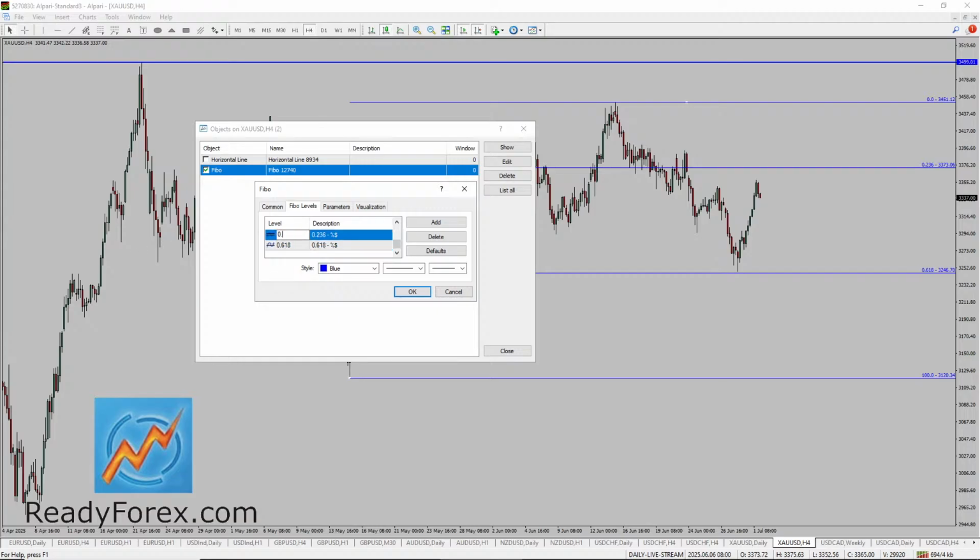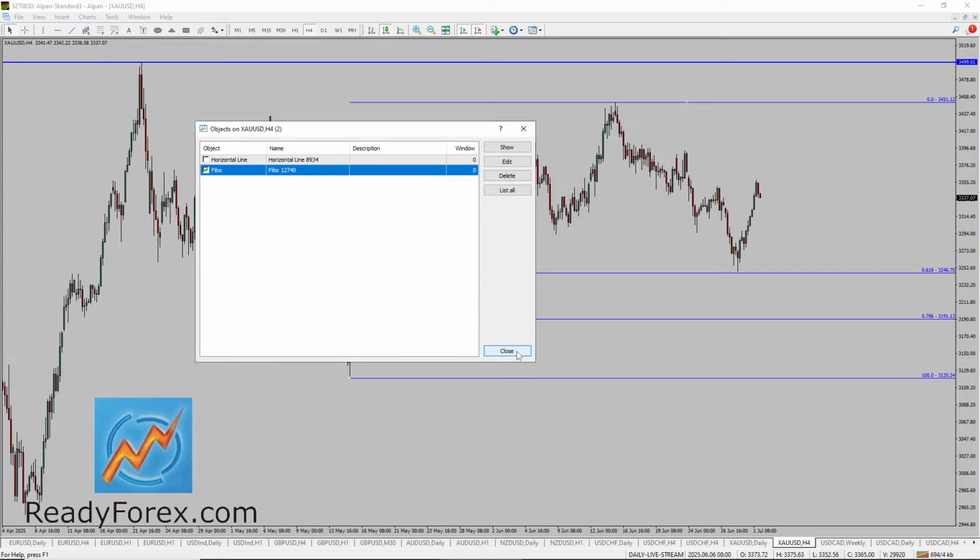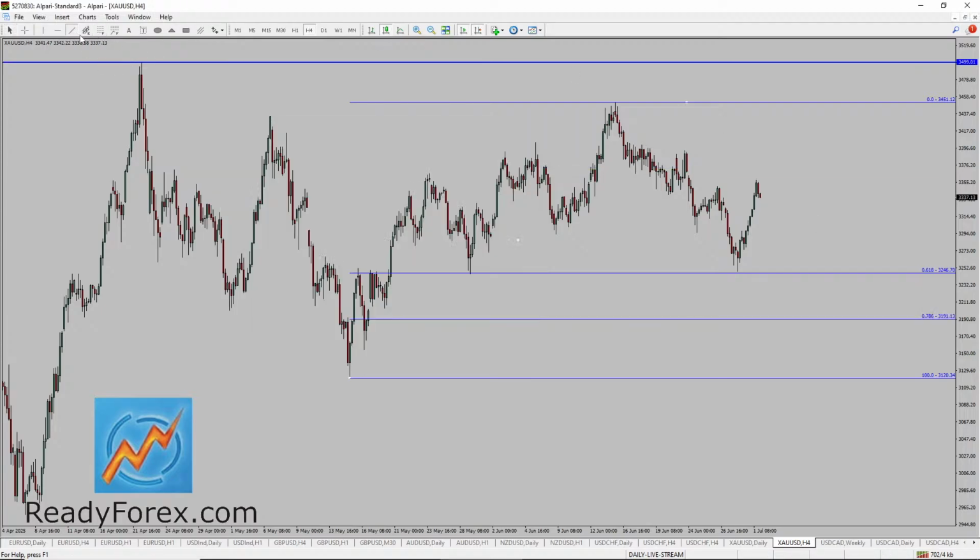It's quite possible that price action is going to hit 0.786 Fibonacci retracement level. Okay, so it looks quite possible spot gold is most likely going to drop and hit 3191.13 level, and then it's going to rise up more.